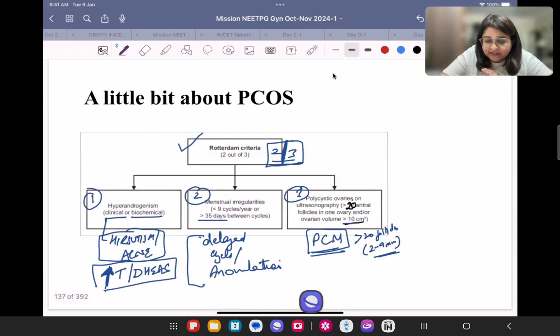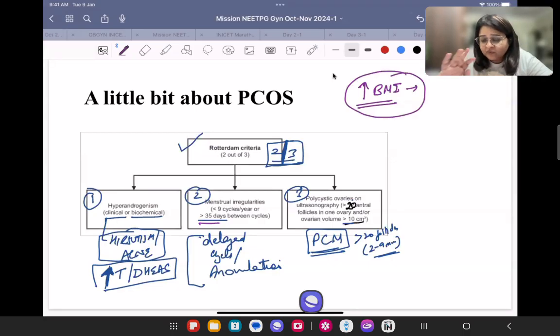Remember, PCOS usually happens in a setting of a high BMI. Girls, जिनका, स्वागत, just remember 35 days as per the definition of Rotterdam. Okay? BMI high is usually associated with, not all, more than 90% of girls or women with PCOS have a higher BMI.